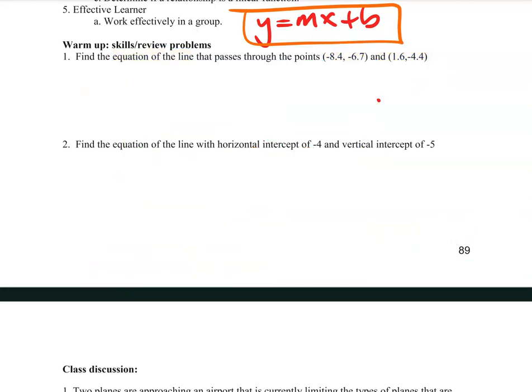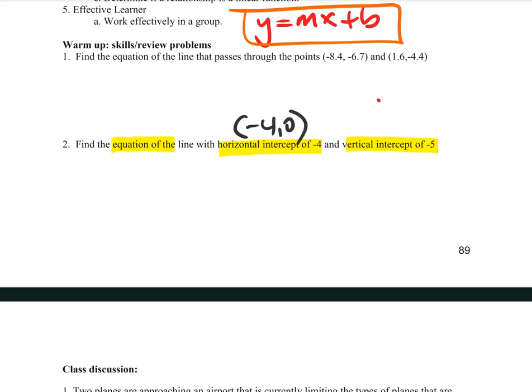Next problem, number 2. Find the equation of the line again in the form of y equals mx plus b given the horizontal intercept of negative 4 and vertical intercept of negative 5. So what do we mean by these intercepts? Horizontal intercept of negative 4, that is when y is 0. So this is (-4, 0).